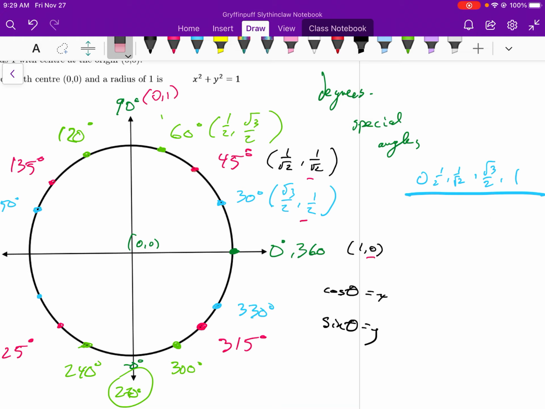Now, I am going to talk about cosine, which are my x-coordinates right here. What is the x-coordinate at 0? In this position, it's 1. So in other words, it's all the way over here, 1. But as I move around the unit circle, it decreases: 1, root 3 over 2, 1 over root 2, 1/2, and then 0.